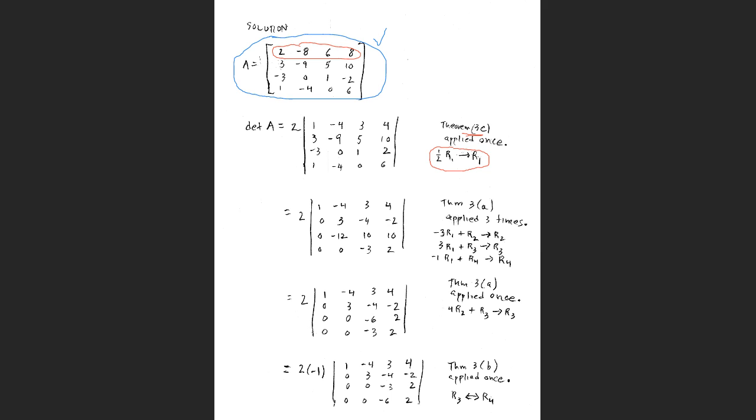I'm multiplying the first row of the matrix by a half to produce this new matrix here. But then the determinant of A would have to be 2 times the determinant of this matrix.